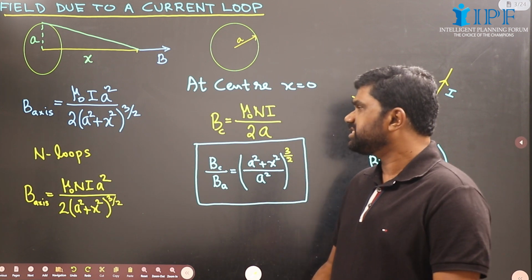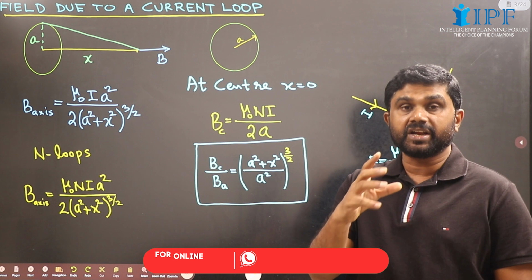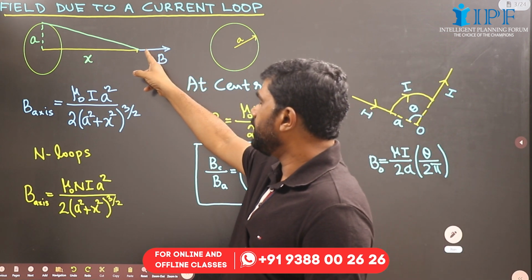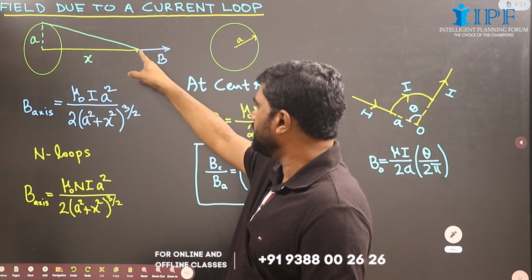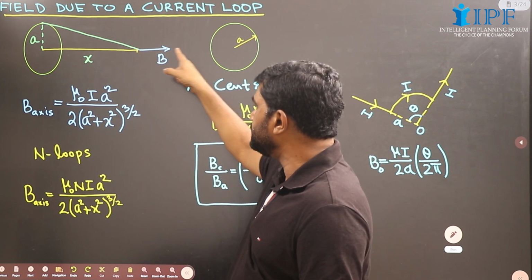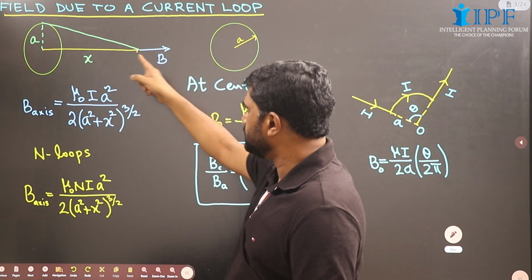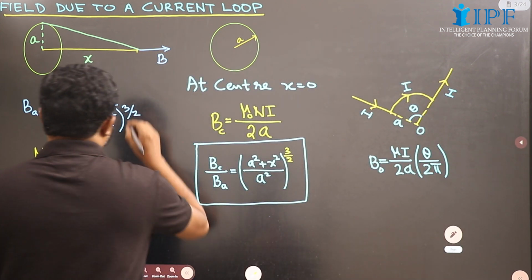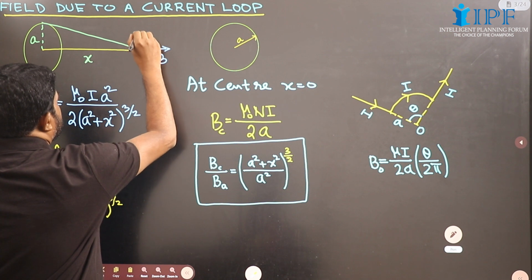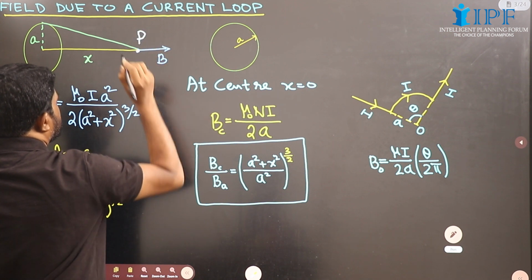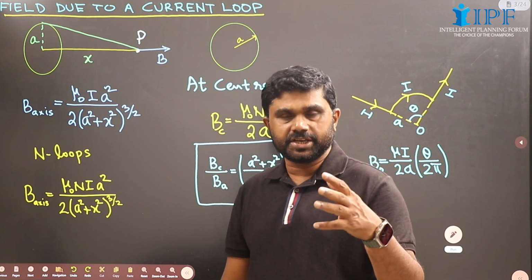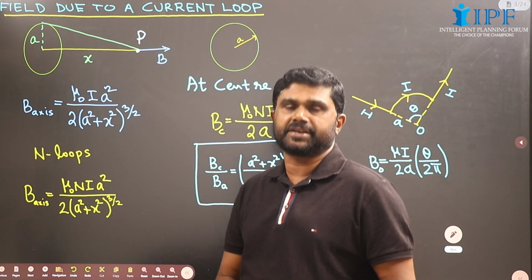Now suppose we want to find the magnetic field intensity at the center. Before that, the magnetic field at this point will be along the axis, like this. Here is the point of observation, represented by capital P. Suppose we want to find the magnetic field intensity due to the current loop at its center.